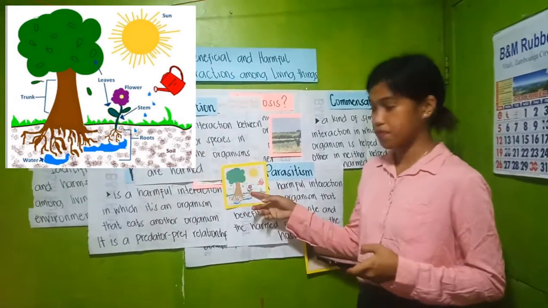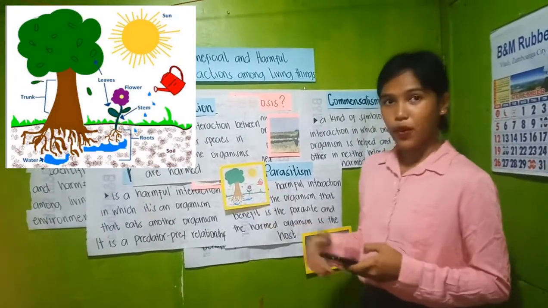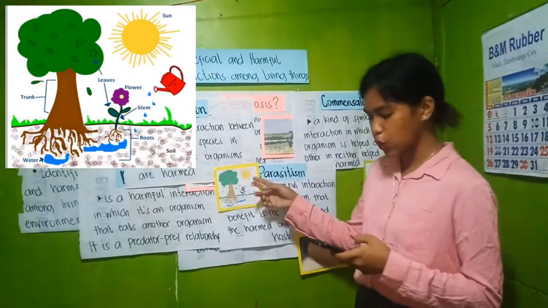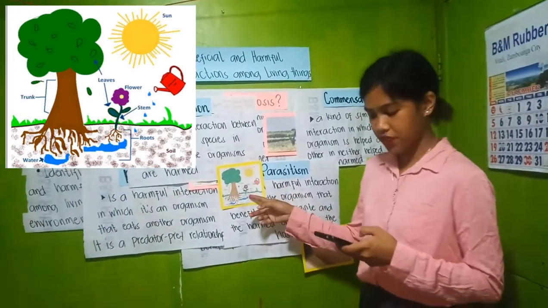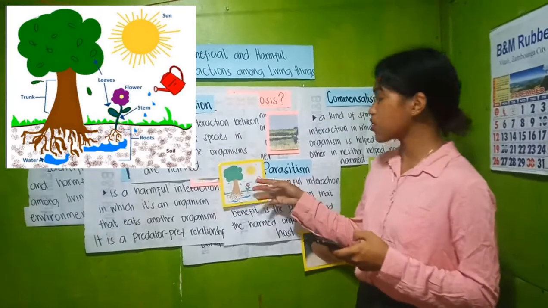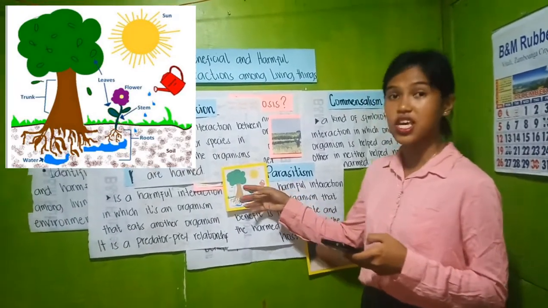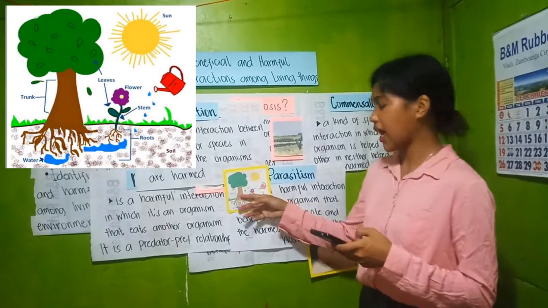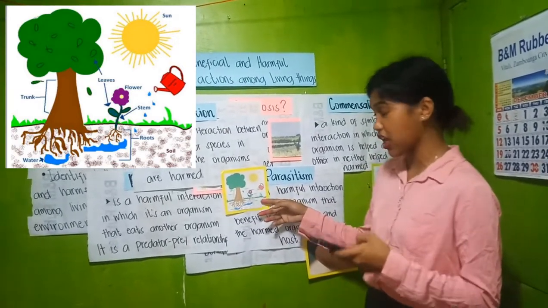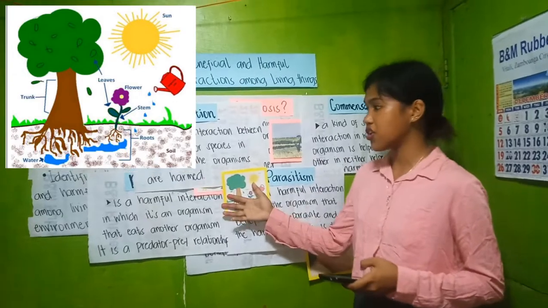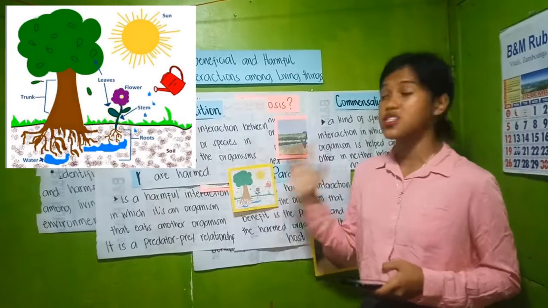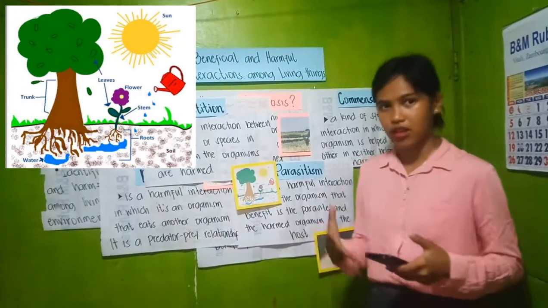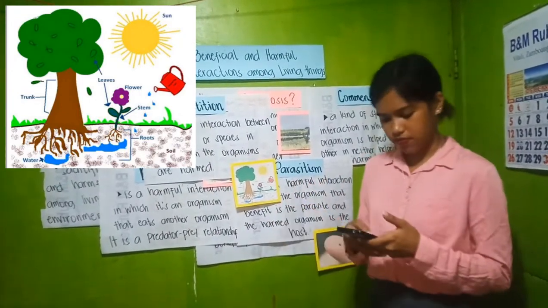Here's the example of competition. Plants may compete for available nutrients, water, sunlight, and soil. Animals compete with members of the same species and with other species for resources, food, and hiding places to avoid predators. So it is very clear now that this is an interaction in which both organisms are harmed. They are competing with each other.